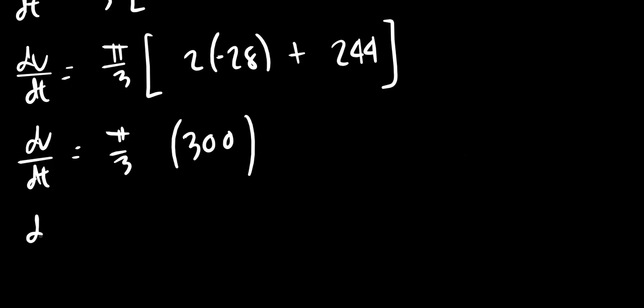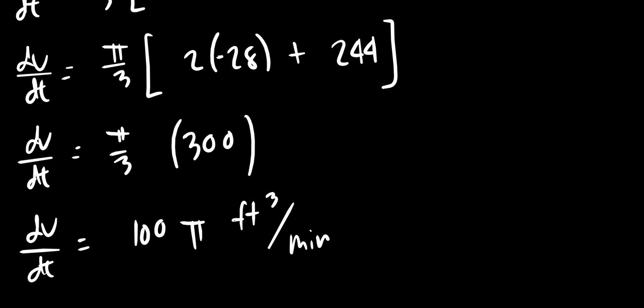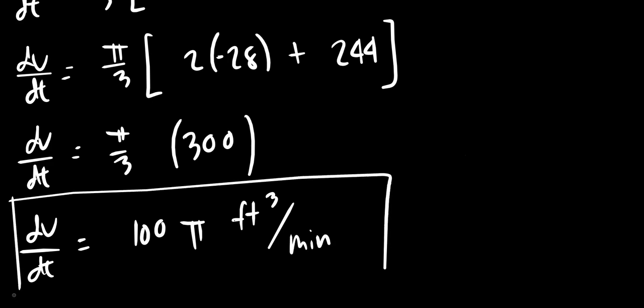By simplification, we have dv over dt is equals to 100 pi. It is in volume, so we have cubic feet over minute. So this is now our final answer.